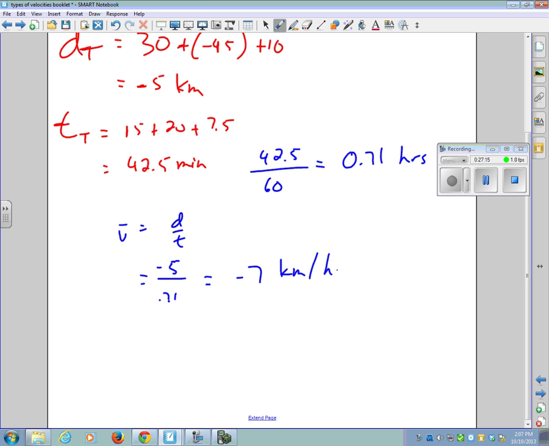Minus 7 kilometers per hour. So Peyton, you don't do any multiplying by 3.6. You only use that when there's meters per second and kilometers per hour involved, right? We converted 42.5 minutes to hours, right? Because our speed has to be kilometers per hour or meters per second. So I can't have kilometers per minute.